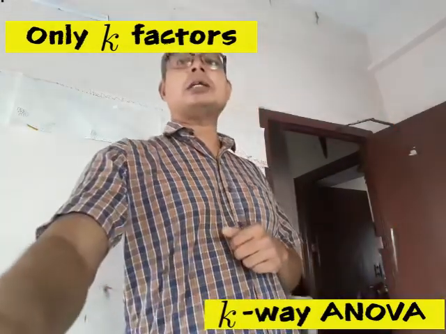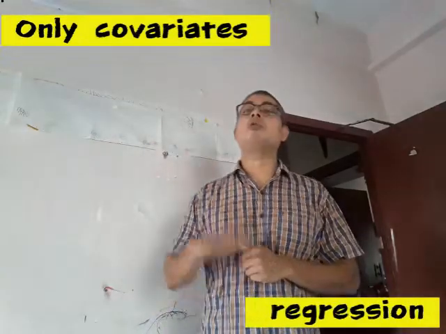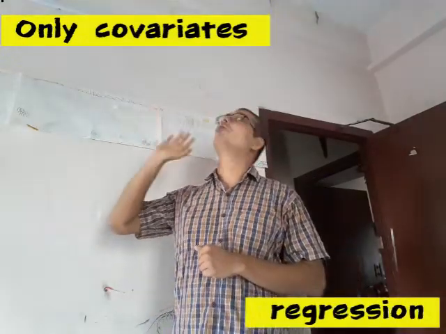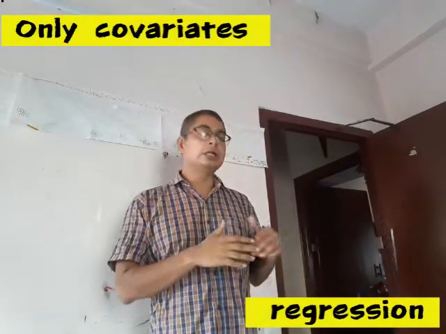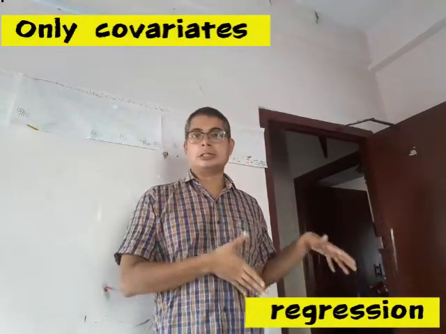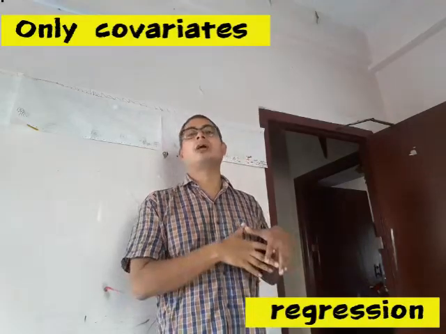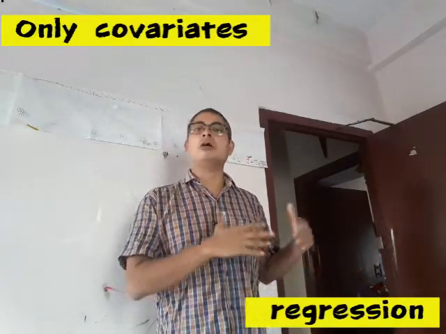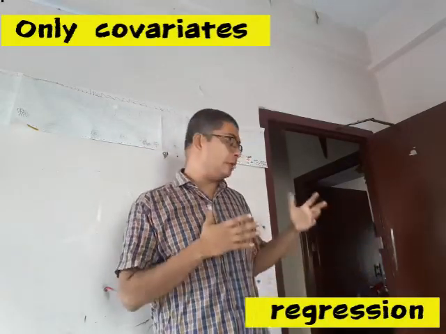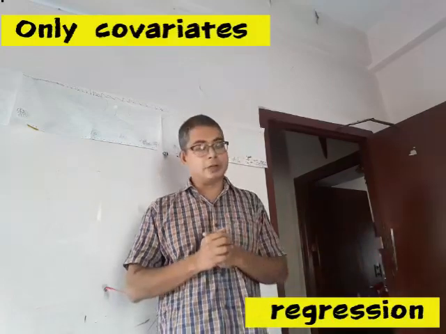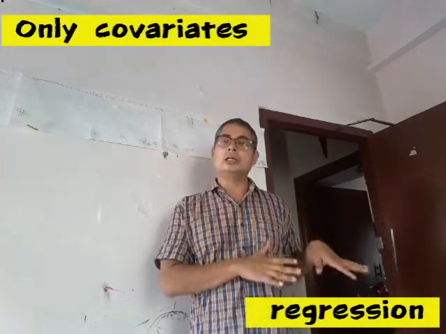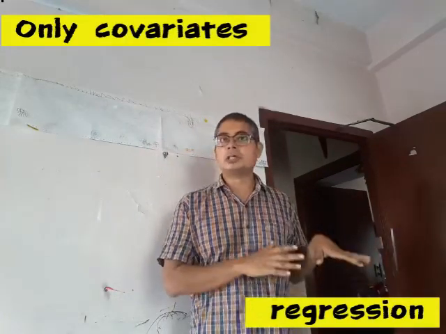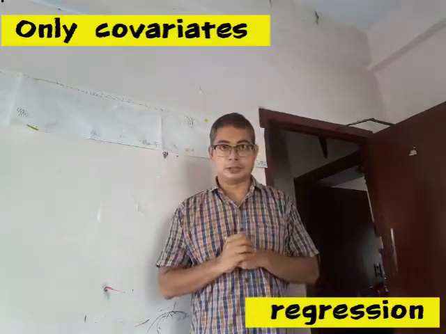Now on the other extreme, I have only covariates. I do not have any factor at all, just covariates. Then I will call it a regression setup. The term regression is actually used in a far more general sense, even outside the scope of linear models. We might have nonlinear regression as well. But in the world of linear models, the term regression is generally reserved for the situation where we have only covariates.